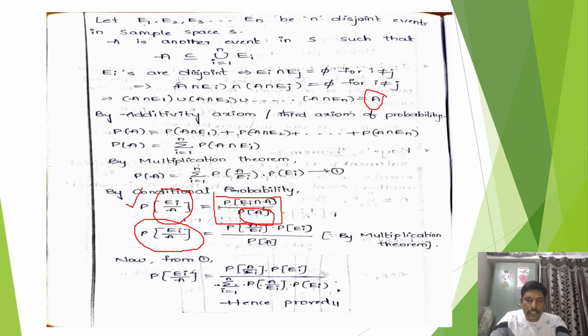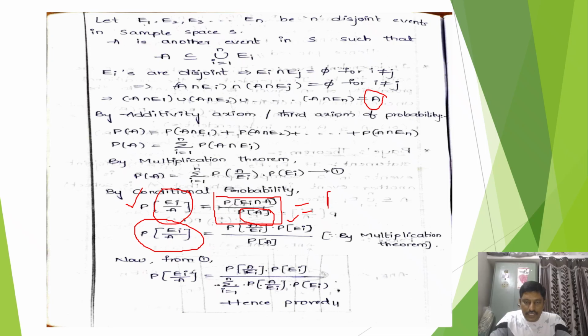What do we know clearly? The P of Ei value. Because E1, E2, E3 up to En are all given sets. Clear? That means we clearly know the Ei probability.